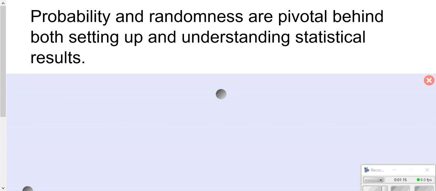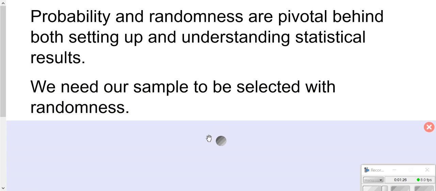Okay, so probability and randomness are really important to both setting up and understanding statistical results. As we talked about in Unit 3, we need our sample to be selected with randomness. So randomness is a key idea for when we are picking our sample for sure.